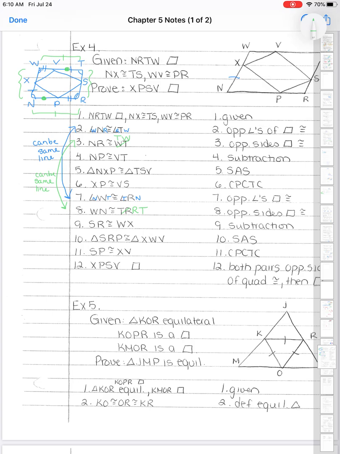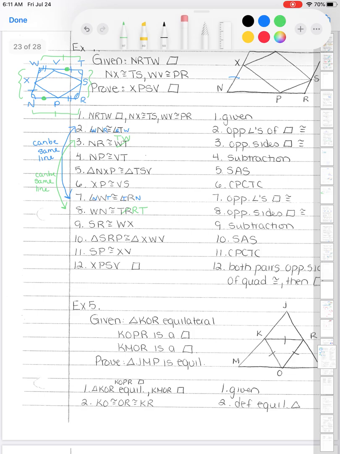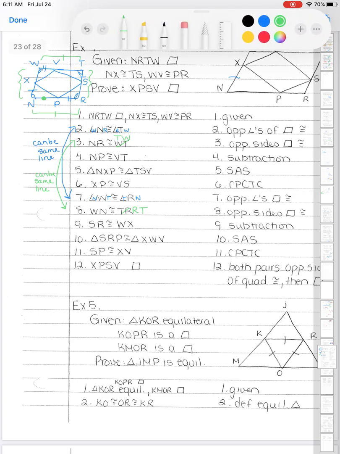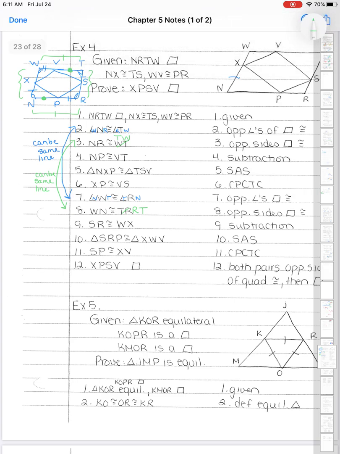All right, so now we already have segments that are congruent, so we can use the subtraction property to say that NP, right here, is then congruent to VT, which is right here, by subtraction. Then if we look at our triangles, we have NXP and we have TSV are now congruent by SAS, because you have 2 sides and you have an angle.